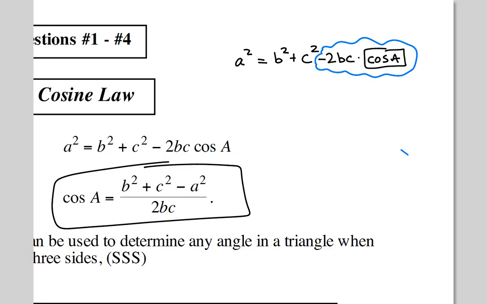See how that cosine A is attached there, and it's got a negative out in front of it? So I'm going to move all this stuff in blue because it's attached to a negative. I'm going to move it all over to the other side and make it positive.